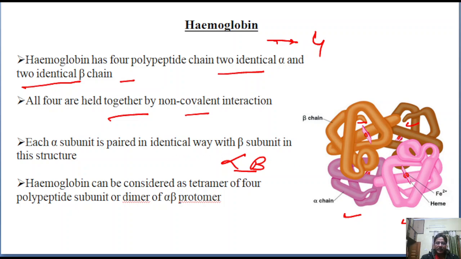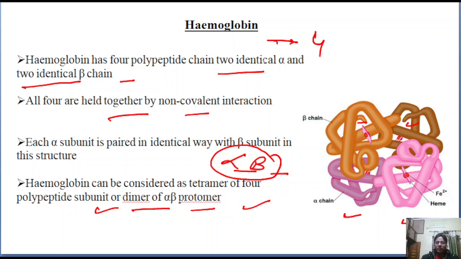So we can say hemoglobin is a tetramer of 4 polypeptide chains, or it is a dimer of the alpha beta protomer. So here the identical unit is the alpha beta protomer.